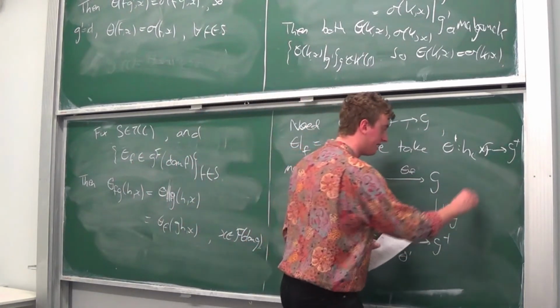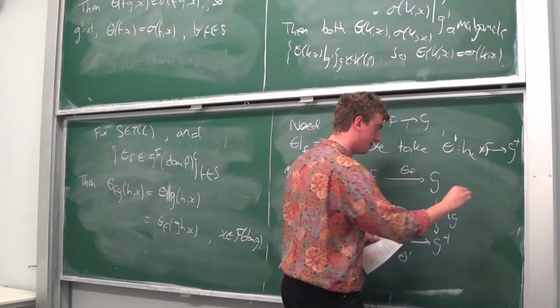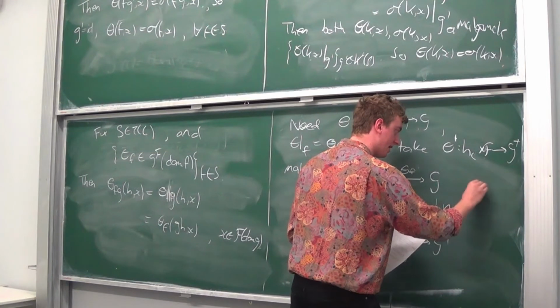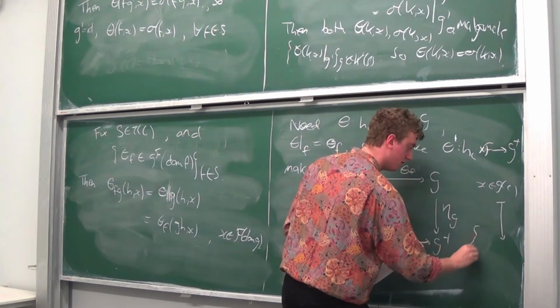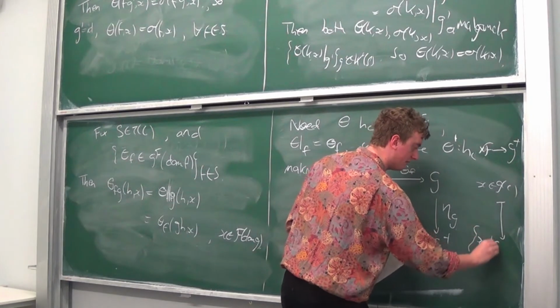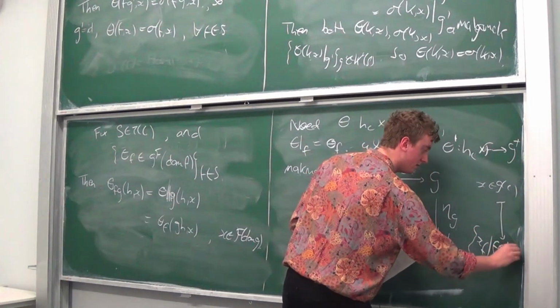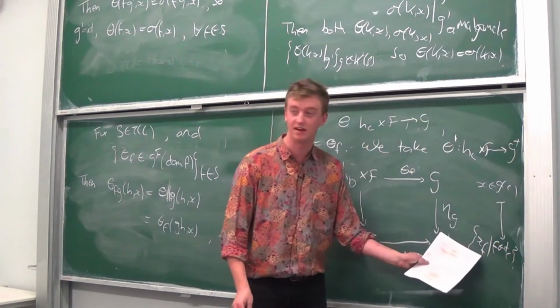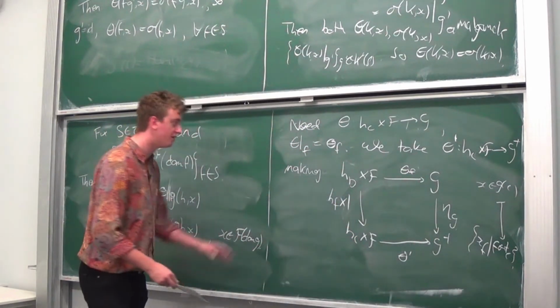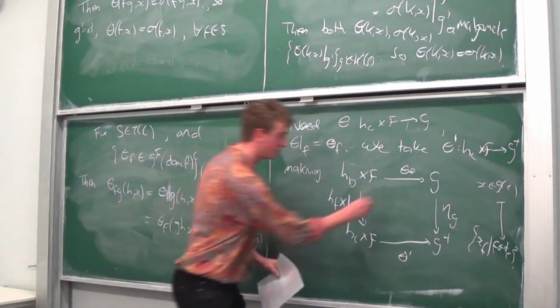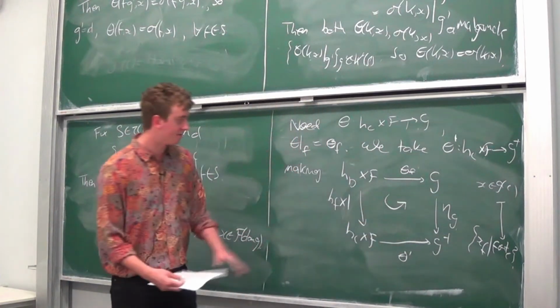So to recall that, eta g is going to take x inside g of c and pump out the matching family of the restrictions of f of x to every possible cover. So we're going to show that this diagram commutes. Why is that going to be sufficient?